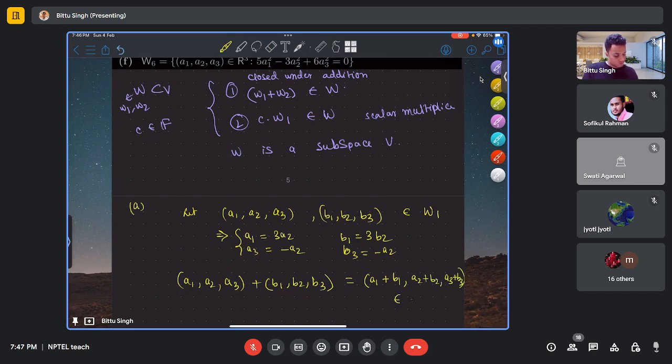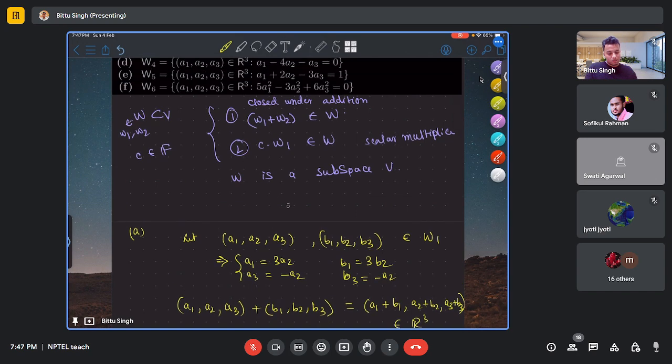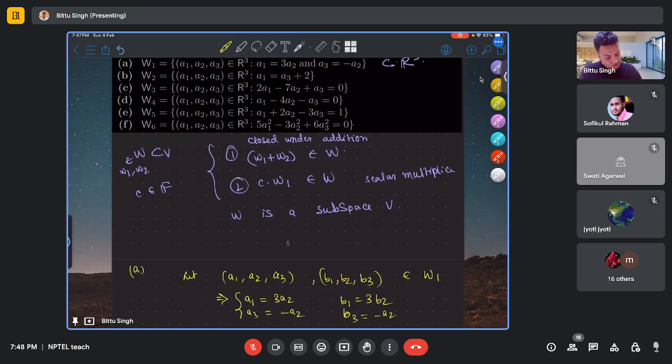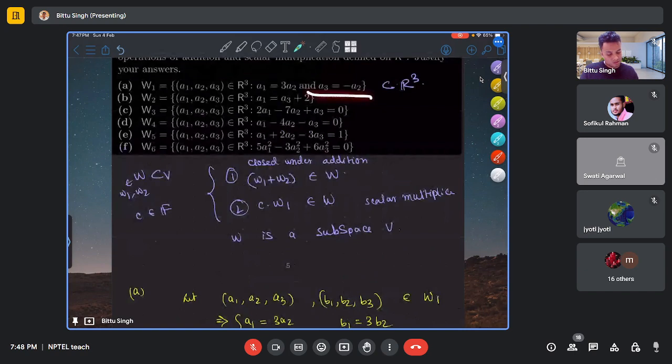So those tuples will clearly belong to R3, because A and B elements are from R3, real numbers. Now we need to check if it satisfies this property, that is, the first entry should be 3 times the second entry, and the next thing.